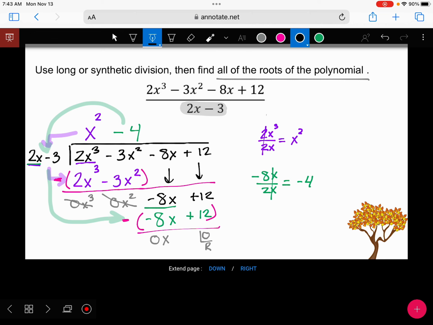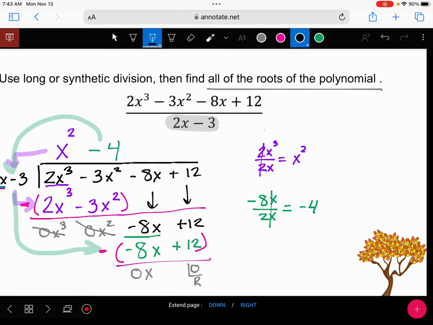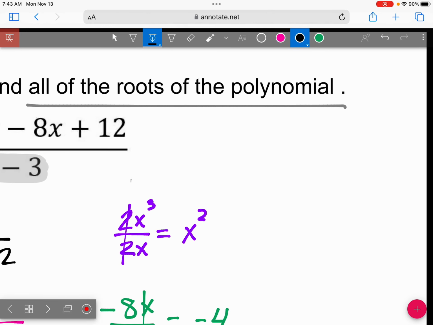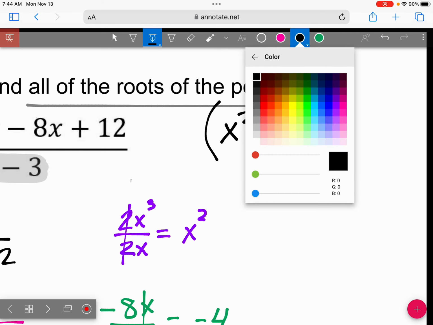So what I have now is x squared minus 4, and we are still trying to find all of the roots. So I need to find the roots of x squared minus 4. Oh snap, it's another difference of squares. Told you that pattern would come up a bunch. How do we write this as a factored form equation?